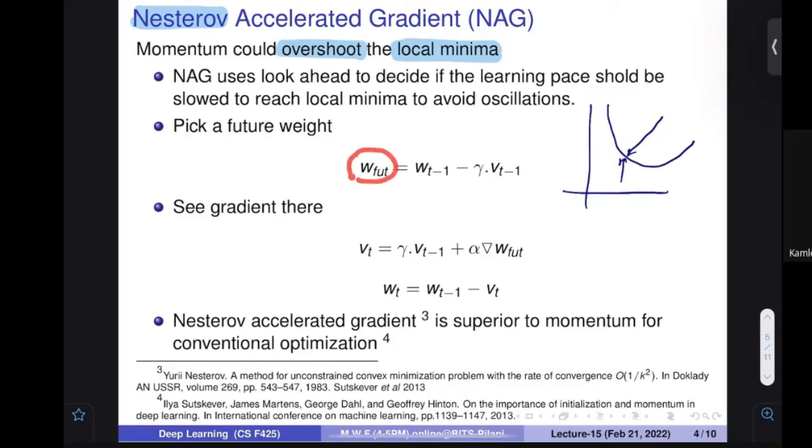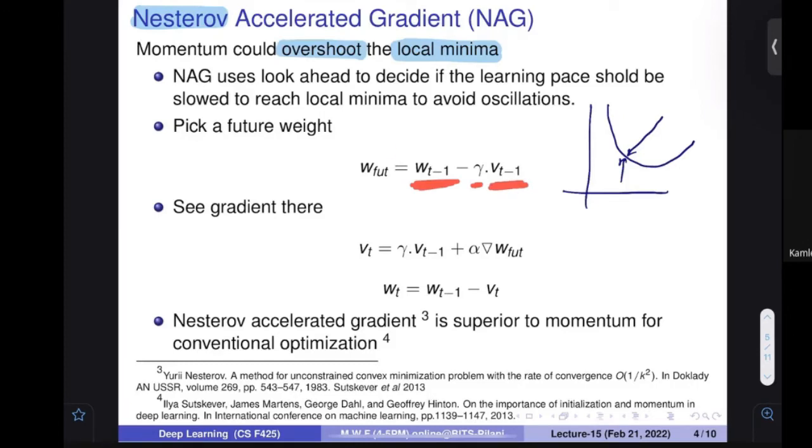you find the future value of the weight by using the weight at time t minus 1 plus gamma times whatever update you did at the previous moment.